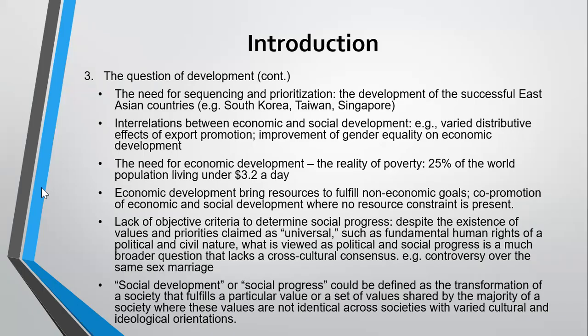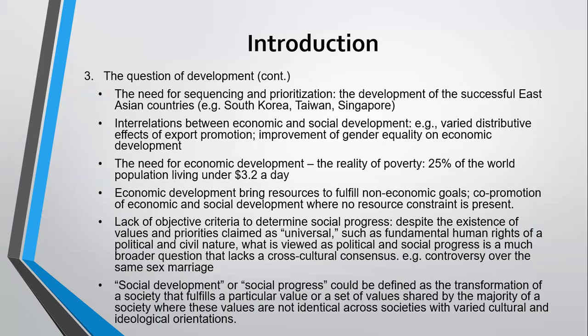There is also a difficulty in identifying social progress or development in the context of law and development. Despite the existence of values and priorities claimed as universal, such as fundamental human rights of a political and civil nature, what is viewed as political and social progress is a much broader question that lacks a cross-cultural consensus.